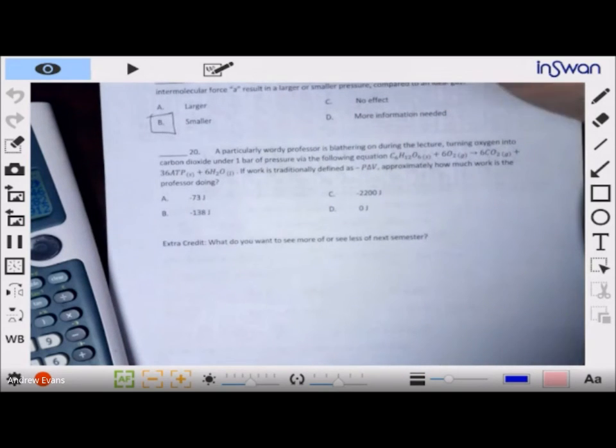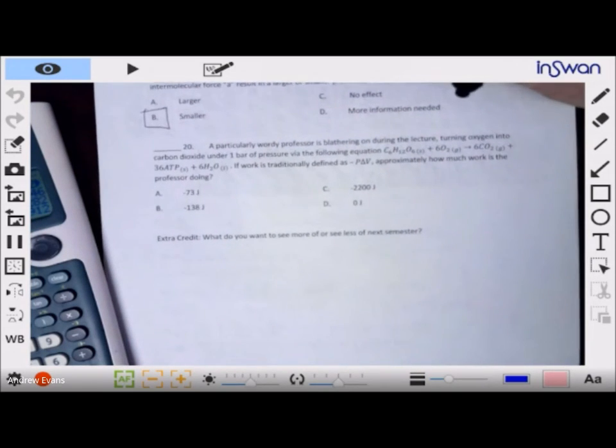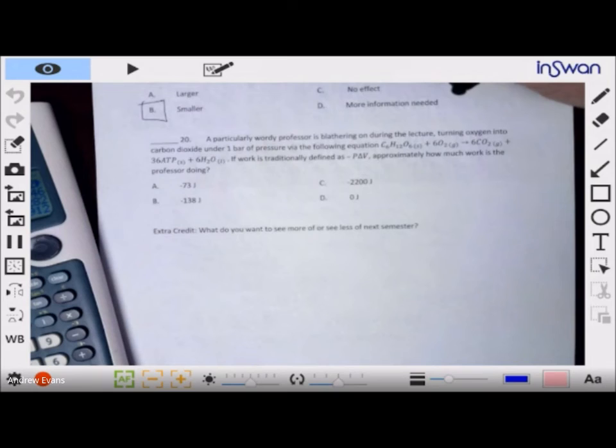Last one. It was kind of supposed to be a fun little trick question. It did not mean to be so freaking hard. Based on the problem number 1 in chapter 10 homework, we look at a particularly wordy professor blathering on during the lecture, turning oxygen into carbon dioxide under 1 bar of pressure via the following equation.